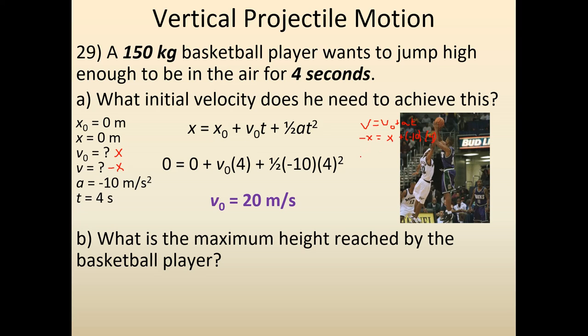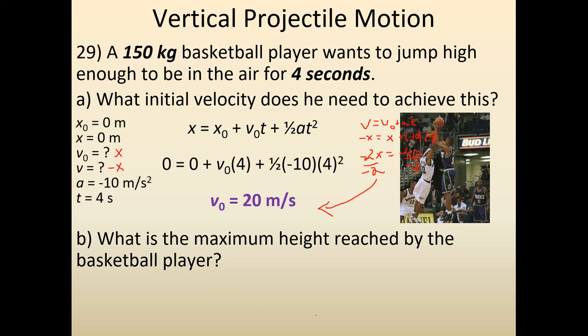Move the x over, so I get negative 2x equals negative 40. And we could see that when we divide by negative 2, we get the same initial velocity of 20 meters per second. So, like I said, if you have a symmetric problem, you can make your life easy by remembering that the velocities are going to be equal but opposite.